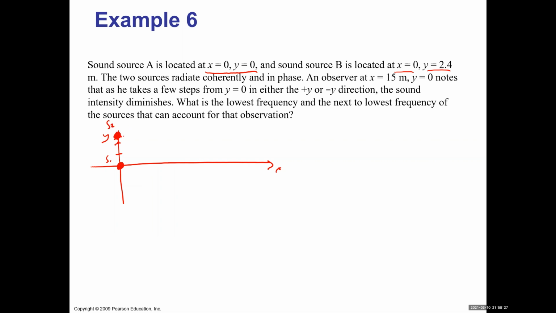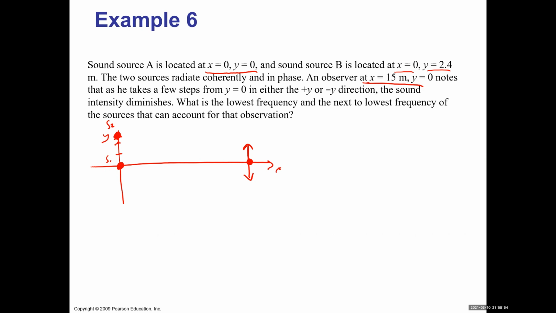That's source 1 and source 2. And then it says the observer is at x equals 15 meters, y equals 0, so let's say somewhere over here. The observer, standing right here, notes that if moving in either plus y or minus y, the sound intensity diminishes.